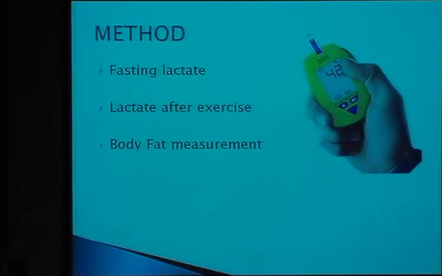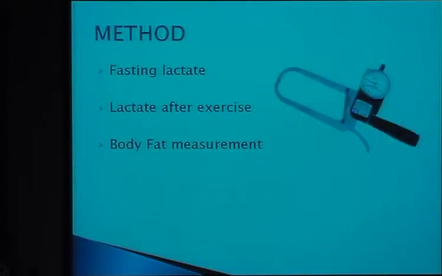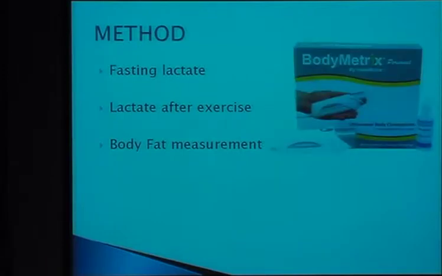Also, we did a body fat measurement using the Harpenden skinfold caliper combined with the Jackson-Pollock skinfold equation, the 3-site equation. This is the Harpenden skinfold caliper, and we also used the Bodymetrix, which is a more modern way of testing body fat. It uses a modified version of the Jackson-Pollock 3-site skinfold equation.